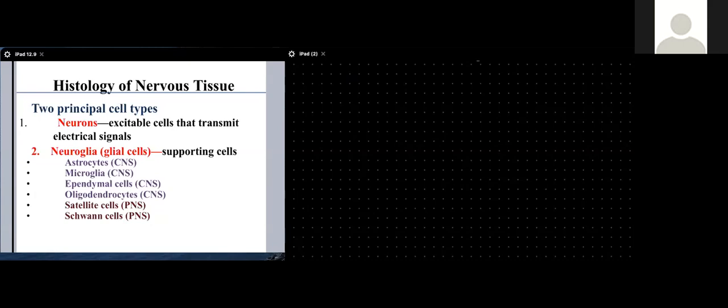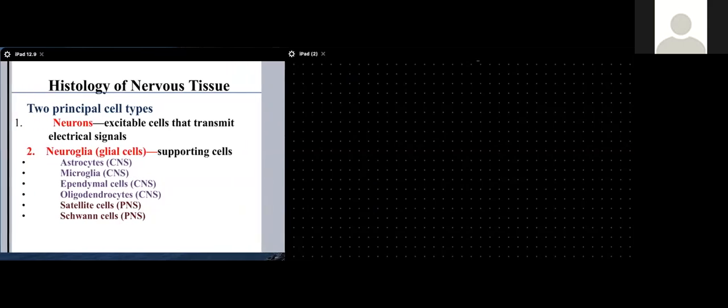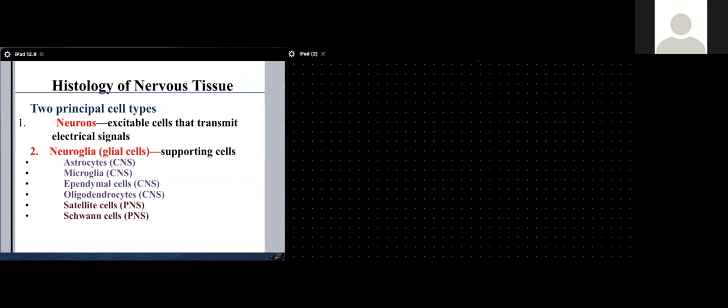All right, so looking here at the histology of the nervous tissue. If you remember back when we studied the tissues, we've seen 2 types of cells forming the nervous tissue. We've seen cells with a lot of dendrites, filaments coming out of the cells like this.